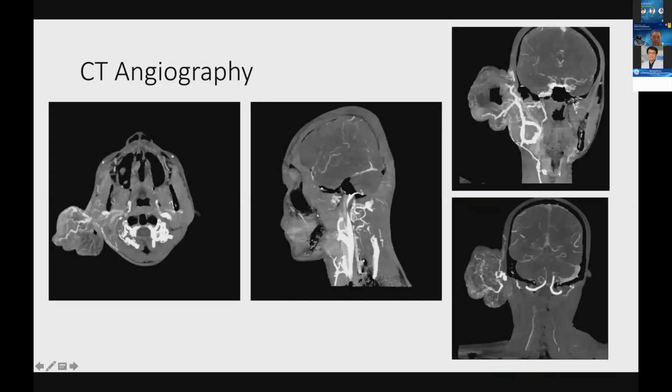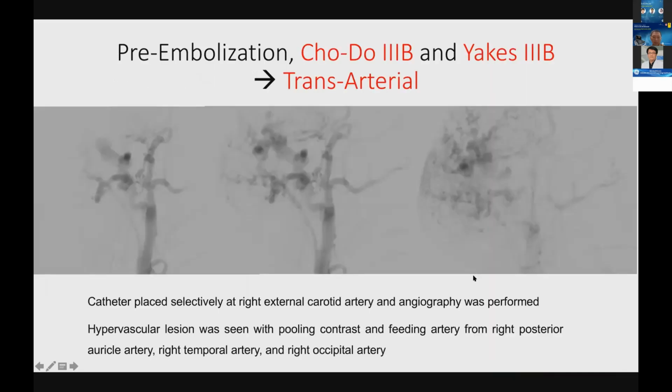This is the feeding artery, and this is the nidus. This is the angiogram, pre-embolization. We classify it as CHODO 3B and Yates 3B because this is an AVM, with multiple nidus, multiple feeding arteries and multiple draining veins.